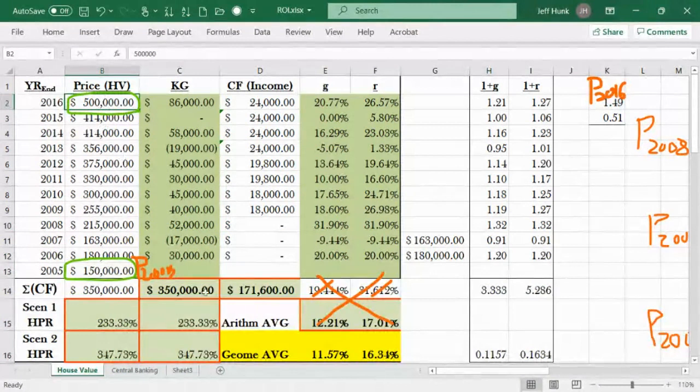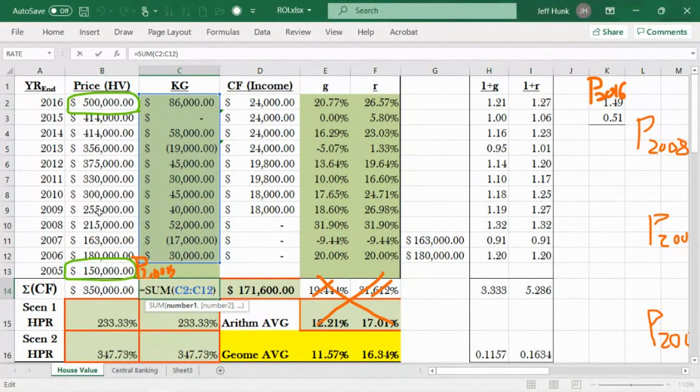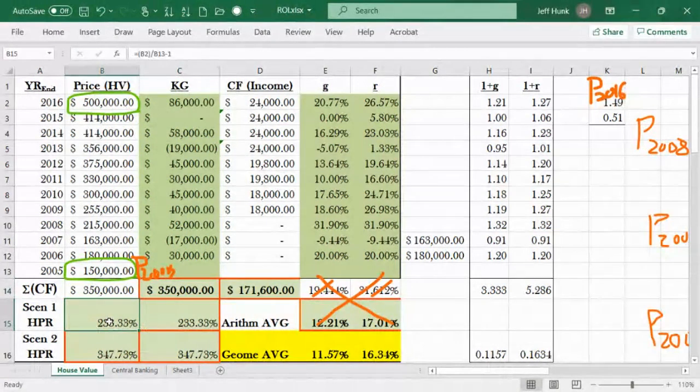And over 11 years, capital gains was 350K. So for the 11-year holding period, this formula is a little weird, but it's still the same thing.